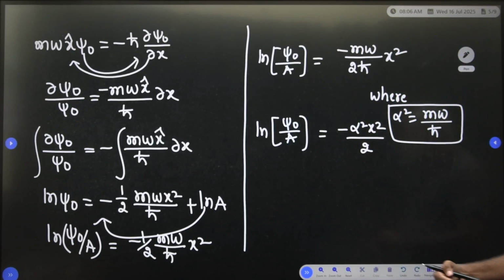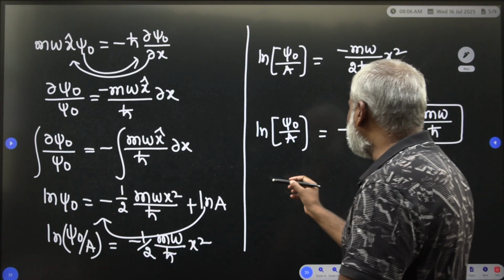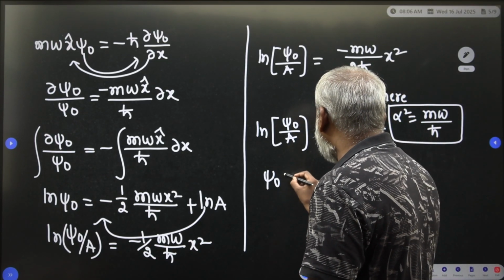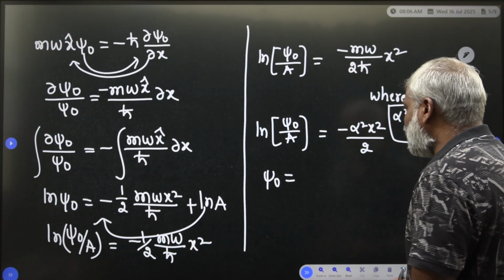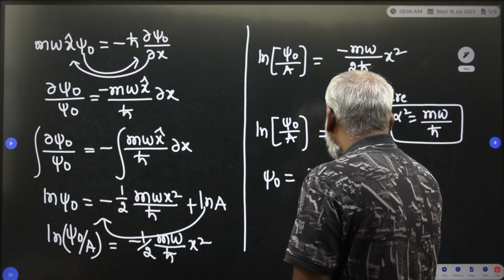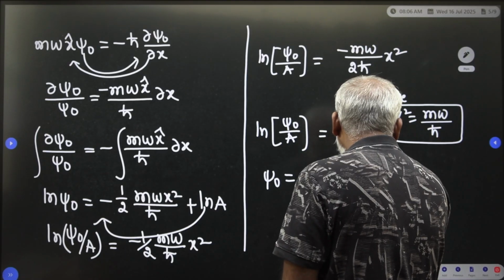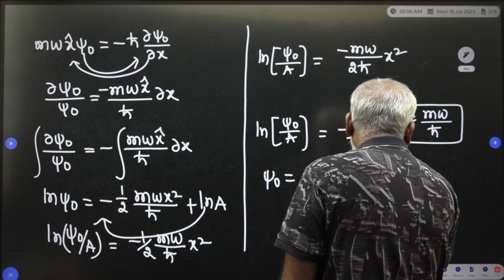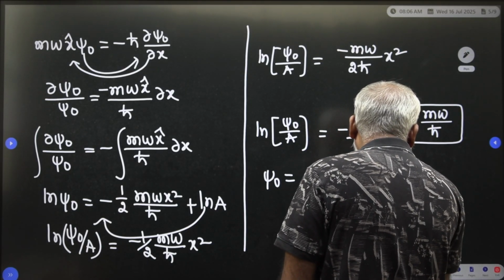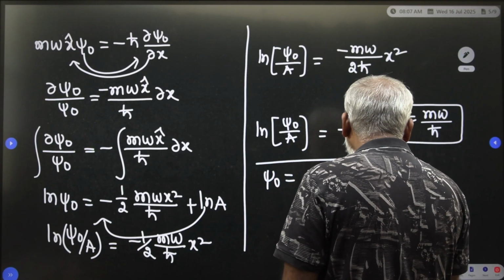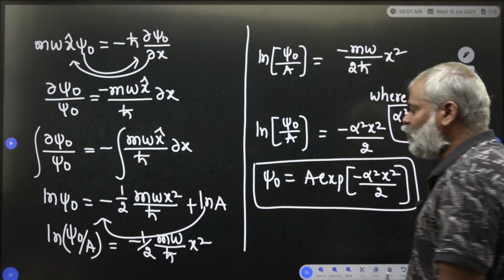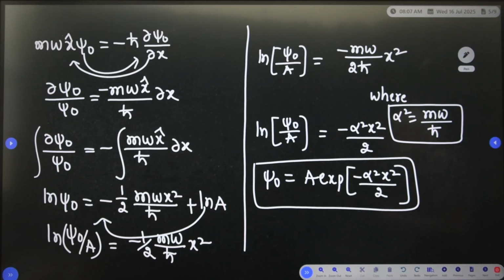Now you have to remove the logarithm. So you are going to get psi 0 is equal to a into exponential of minus alpha square x square divided by 2. This is the ground state wave function of a linear harmonic oscillator.